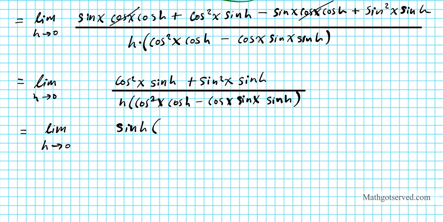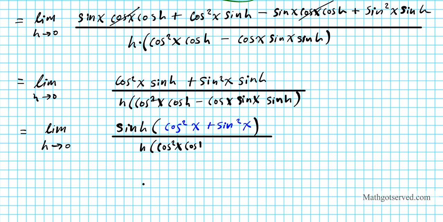And then I'm going to be left, I'm going to color code it so you see what's going on, with cosine squared x plus sine squared x, okay, in the parentheses, and that will be divided by h times this story here, cosine squared x, cosine h minus cosine x, sine x, sine h. Okay? All right, so that divided by that.